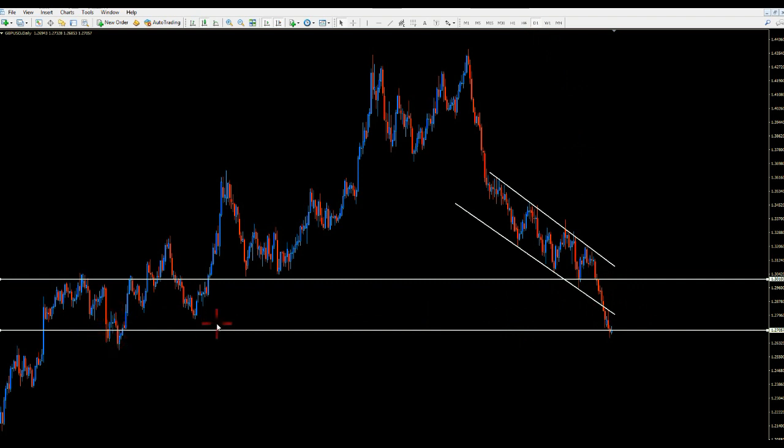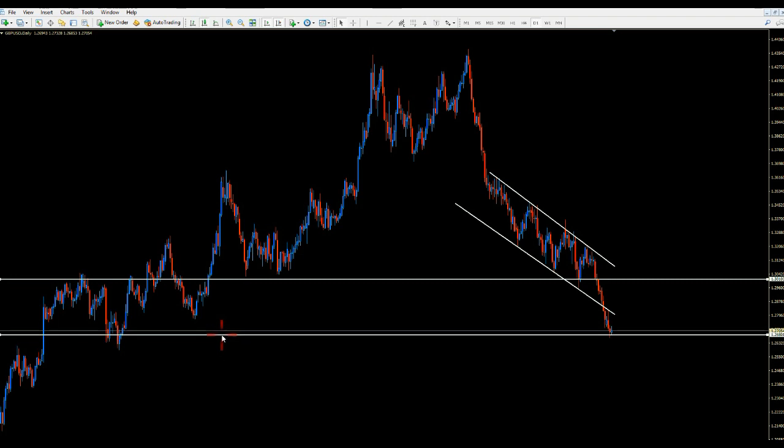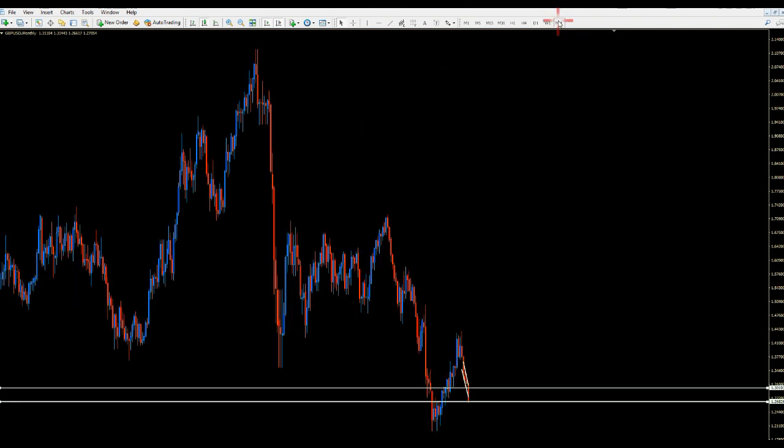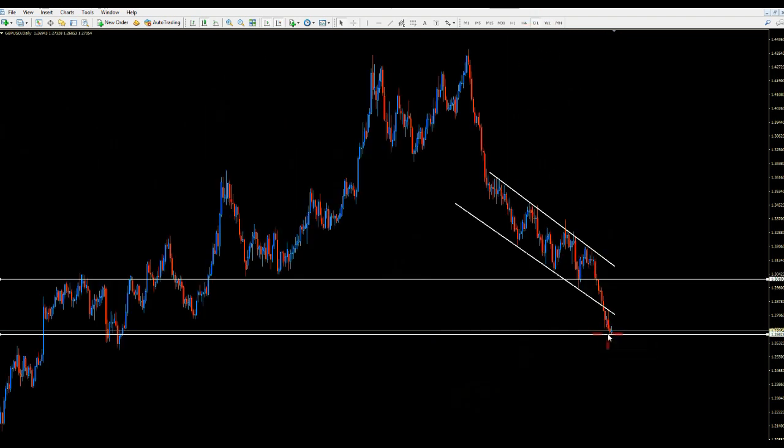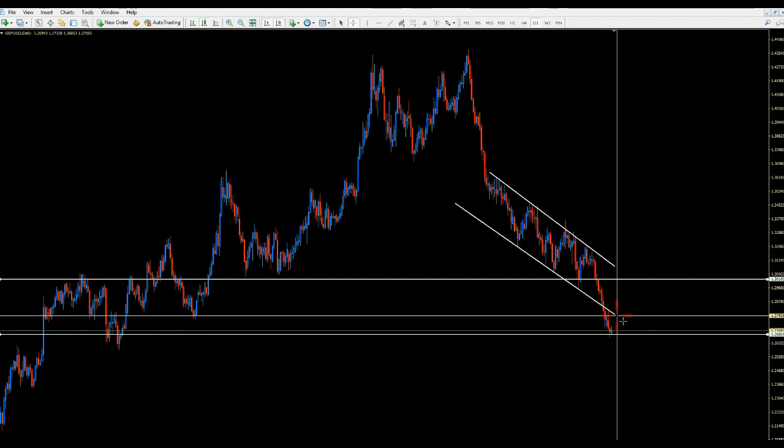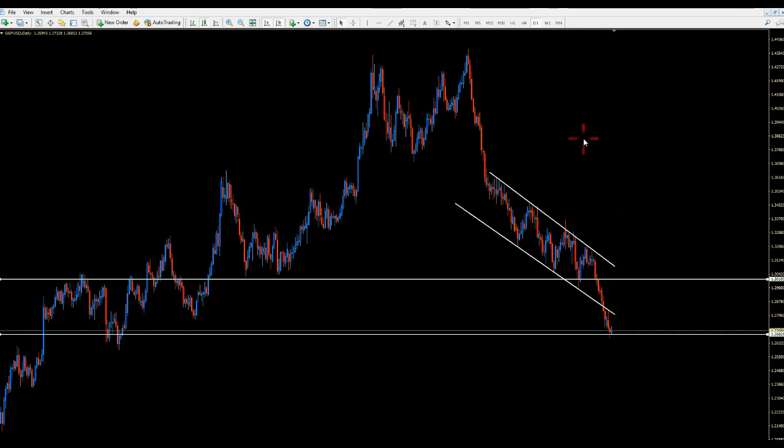Look at it on the daily, it's not really clear where exactly the support is, so we have to adjust our lines to the price, looking at different time frames. Here on the monthly we see it looks good. On the weekly, I would say it's pretty much a support area from here to here, so right now going short would be risky because we could get another retracement here.